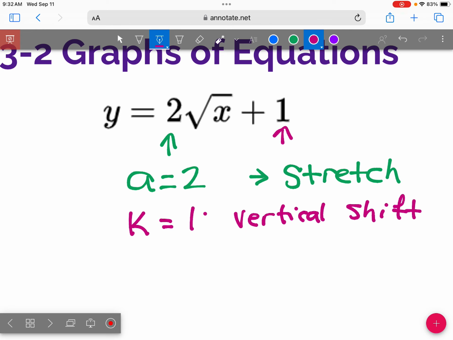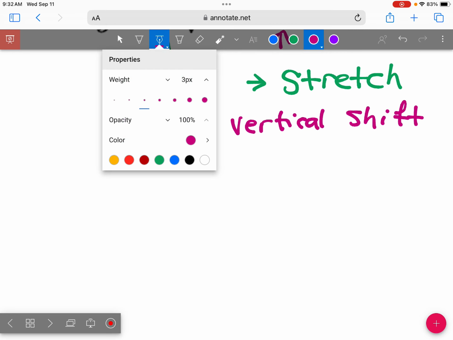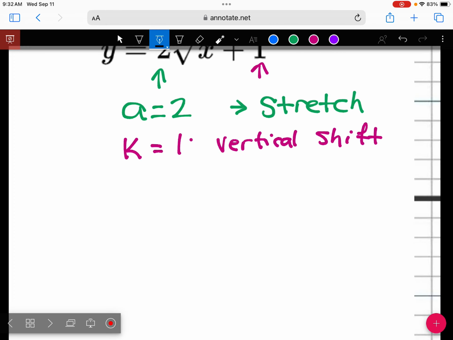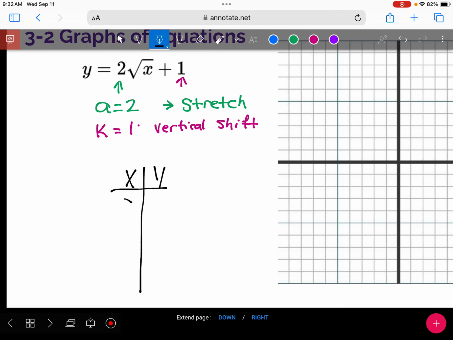So we're going to take our parent table from where we wrote them at the very beginning for my square roots, because this is a square root right here. So my square root parent table, that's when we picked our perfect squares. So we would have our 0, 1, 4, and 9.